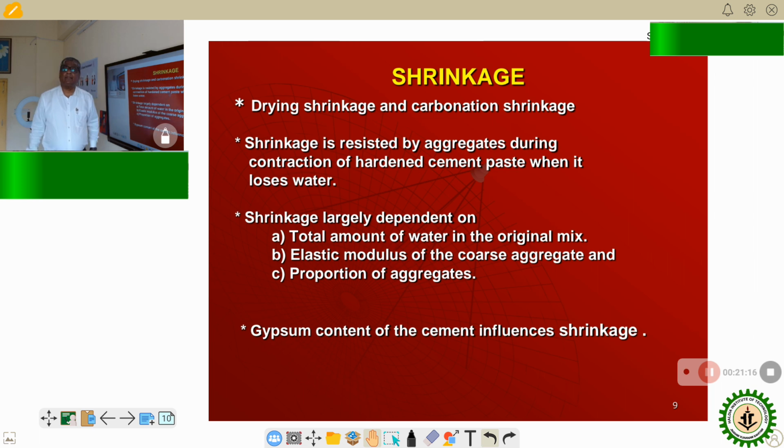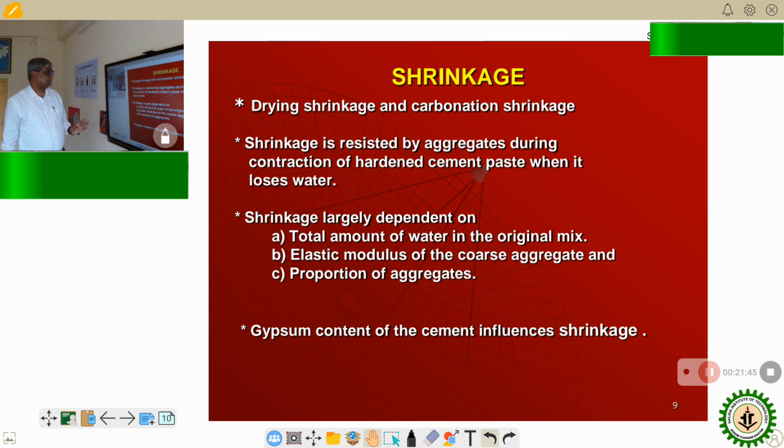So whenever you are checking the health of a concrete, you have to check whether the carbonation has taken place or not. If the carbonation has taken place and there is some crack due to that, the net result is that strength will come down. So that should be checked.